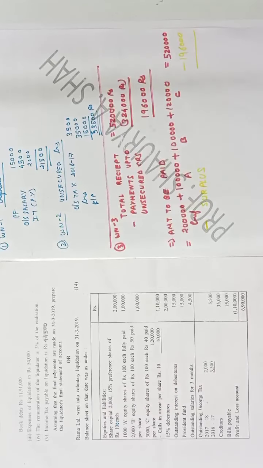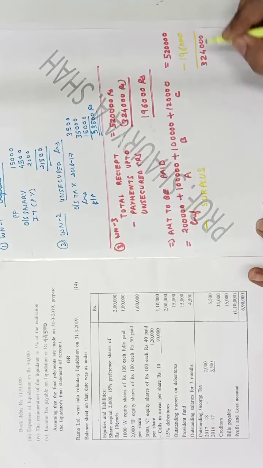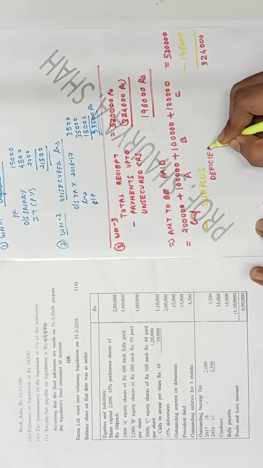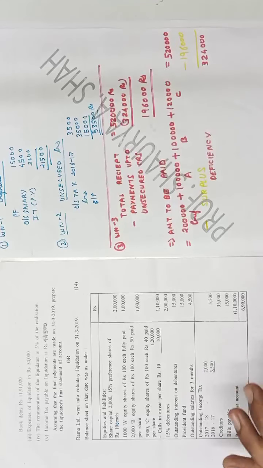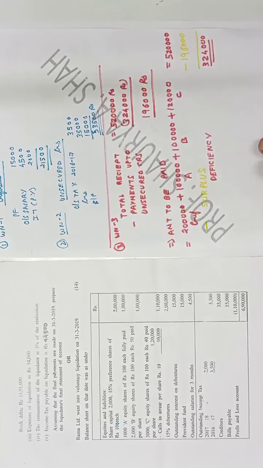So 5,20,000 minus 1,96,000 gives me the deficiency, that is 3,24,000 rupees is my deficiency, we say it, right? Why deficiency? Because simple logic is you need to pay 5,20,000, but you have only 1,96,000 in hand, right? So how much is my deficiency? 3,24,000 rupees, right? So I hope everyone is clear till here.